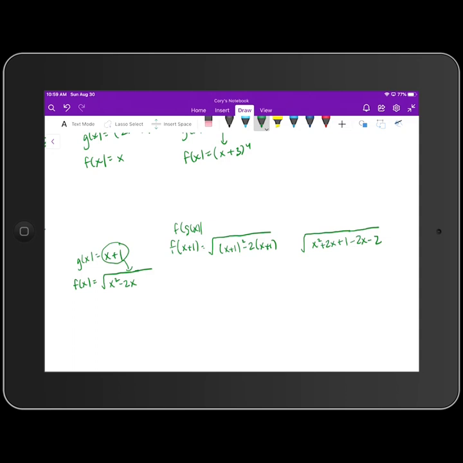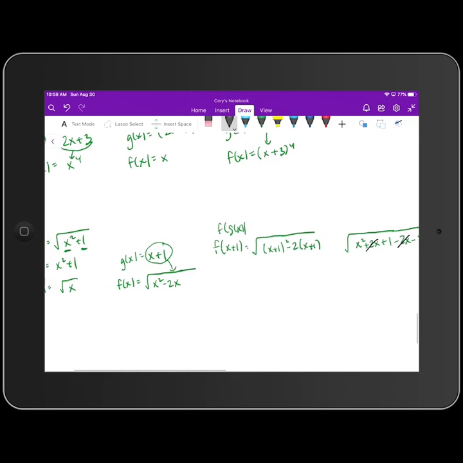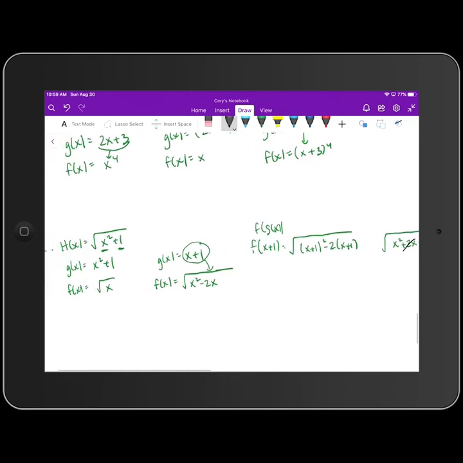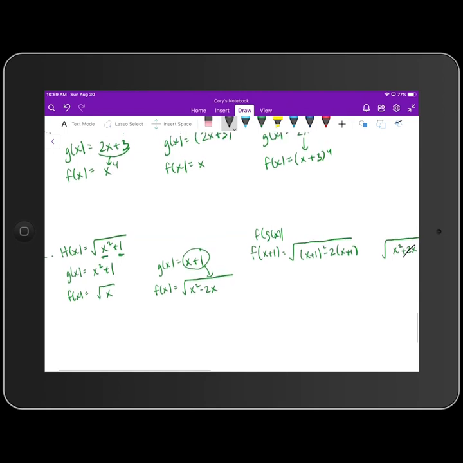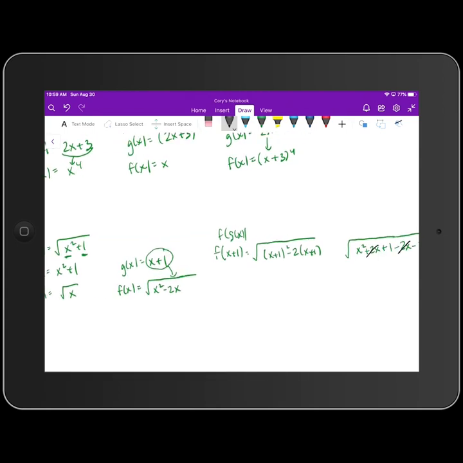Okay, so the good news is that gets rid of the 2x term. But now when we look at what we have underneath the radical, our constant term, we have plus 1 minus 2, which is going to give me a minus 1 underneath the radical. And I want what's underneath that radical to be plus 1, which means I have to add the constant 2 to my function f of x.